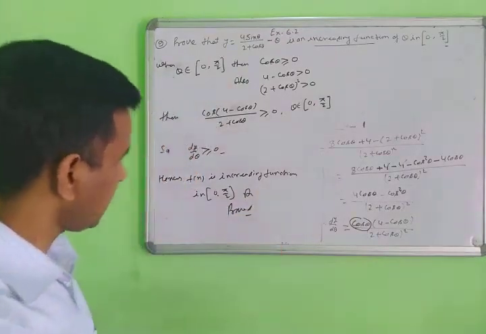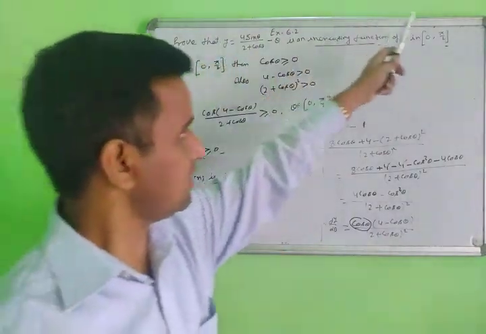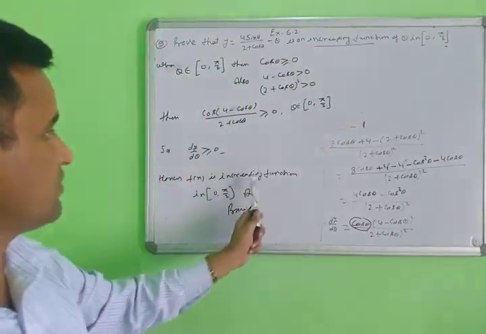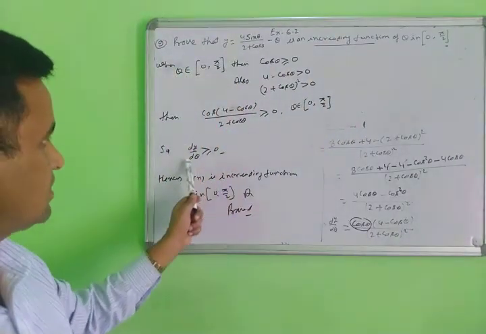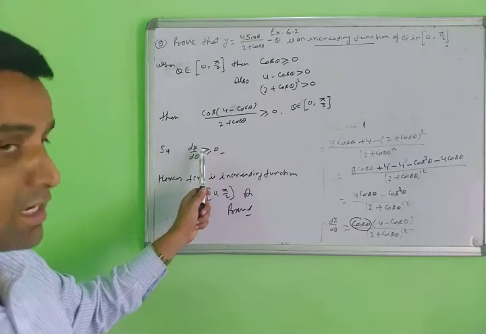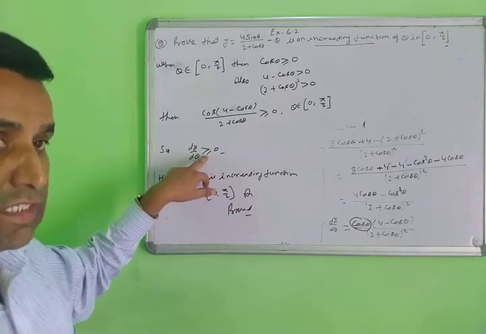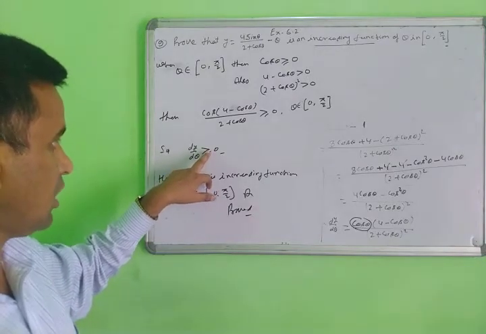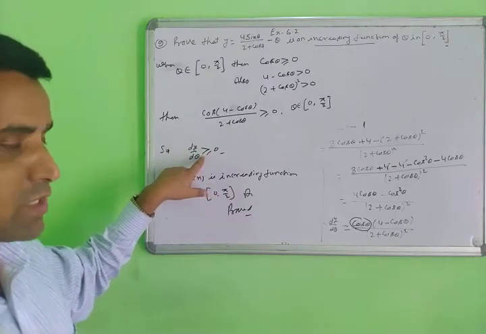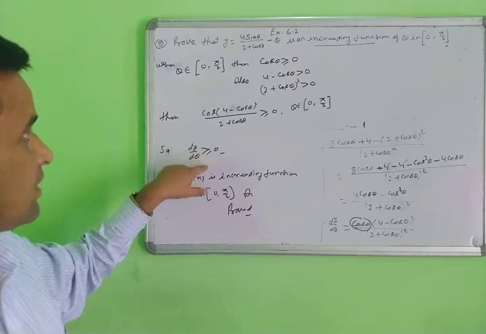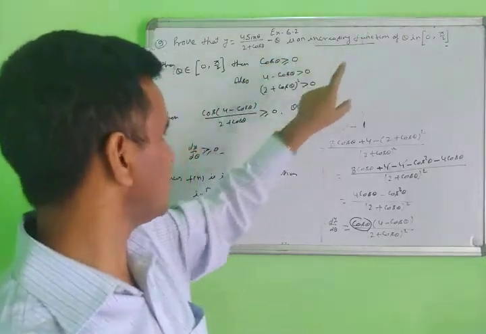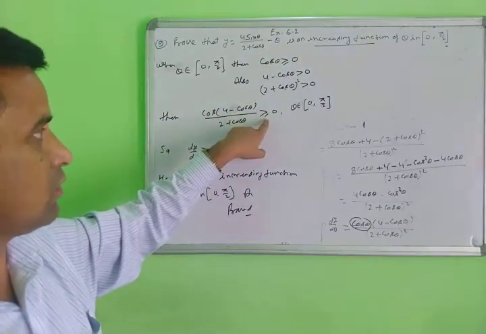This is the proof that this function is increasing in this interval, because in this condition I am getting greater than or equal to sign also. Suppose you remove the equal sign, then it is strictly increasing. But here the condition is an increasing function, and the condition is also greater than or equal to 0.